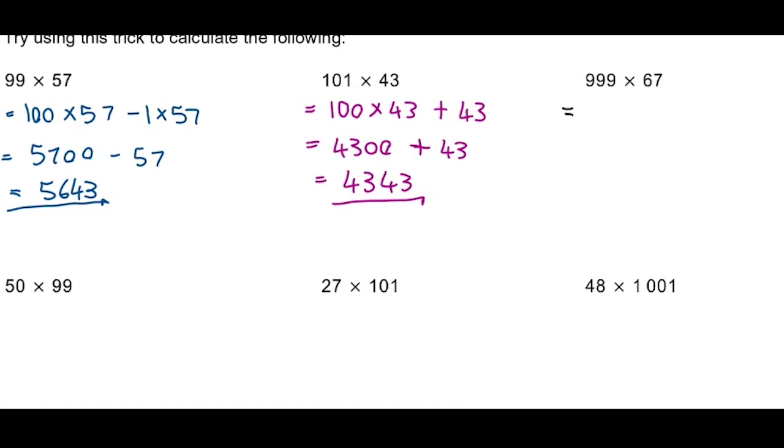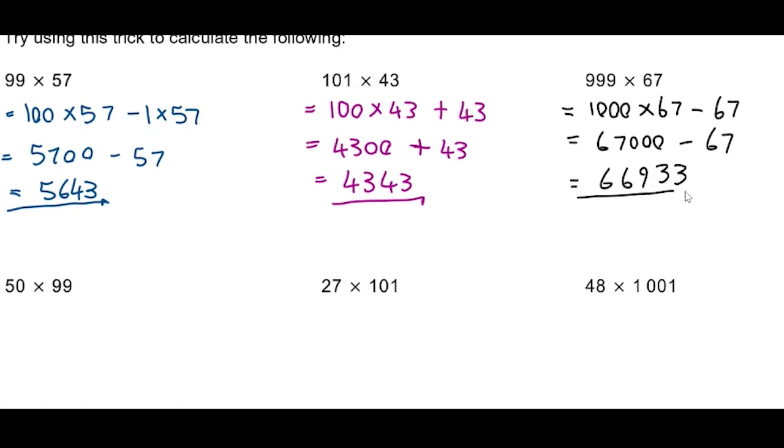Well, that's clearly 1,000 lots of 67 minus 1 lot of 67. So it's going to be 67,000 minus 67. In fact, it's going to be 66933.